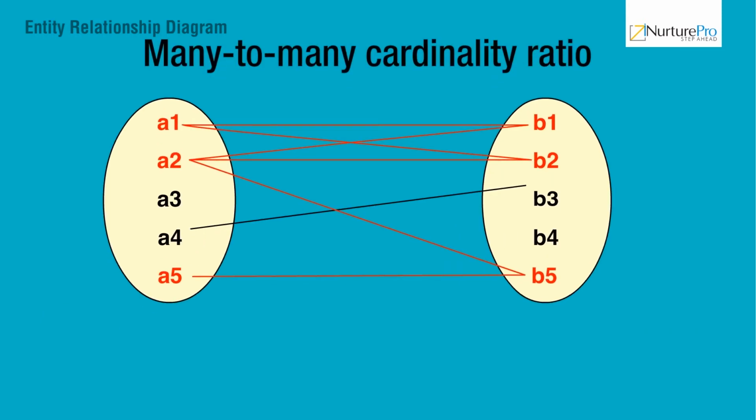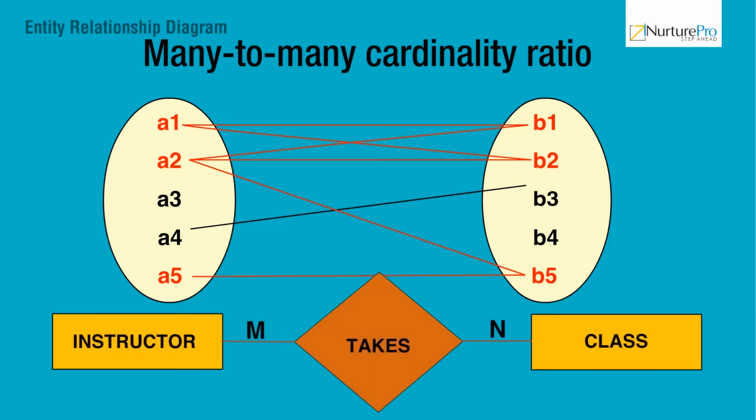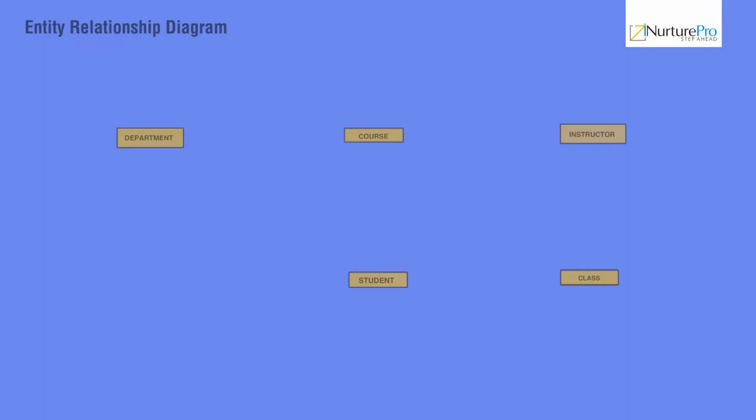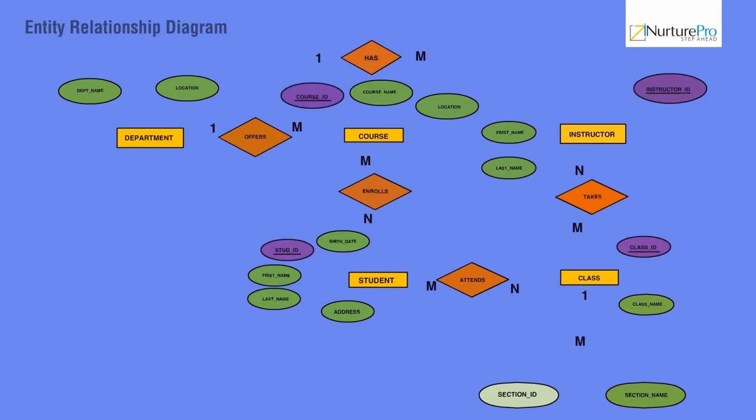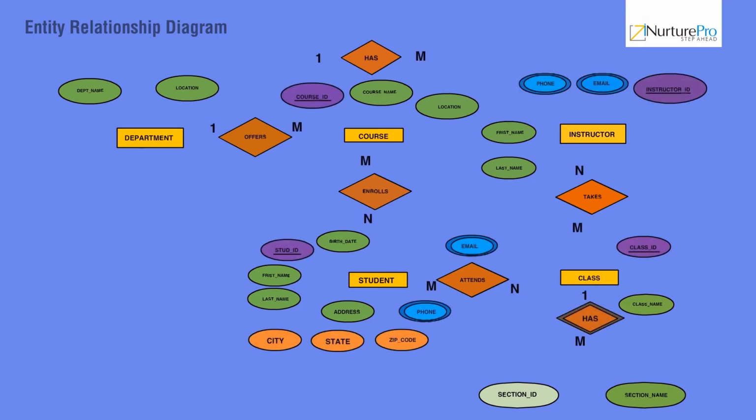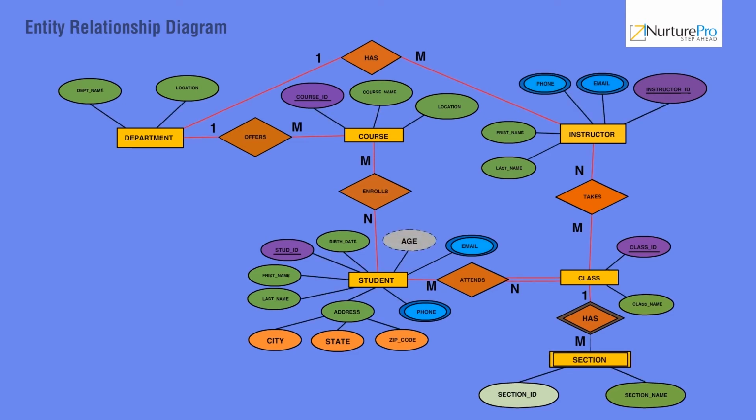In many-to-many cardinality ratio, an entity A is related to any number of entities in B, but an entity B is related to any number of entities in A. For example, an instructor can take more than one class and a class can be taken by more than one instructor. Incorporating all the symbols, participations and the mapping cardinality ratios, the final entity relationship diagram for college database would appear as shown on screen.